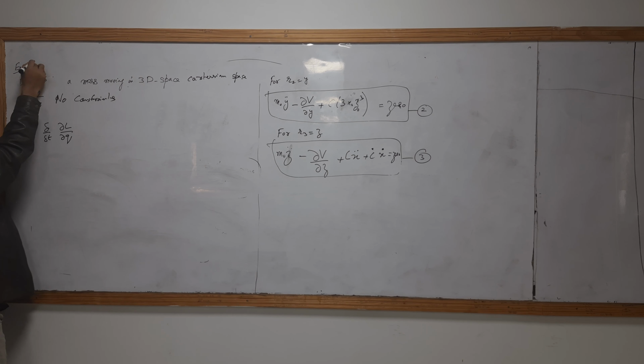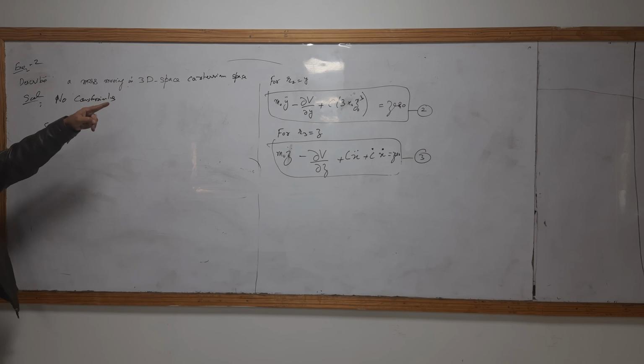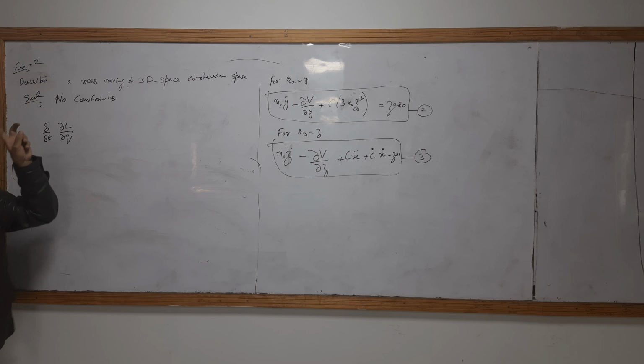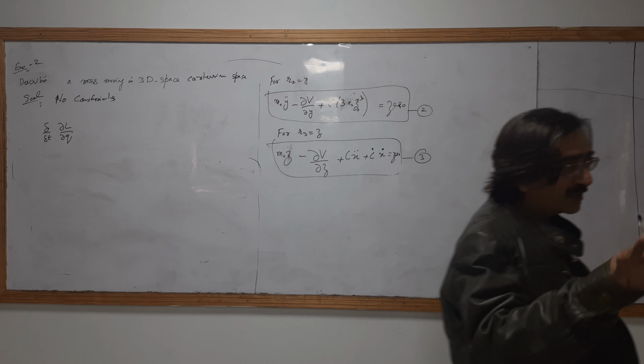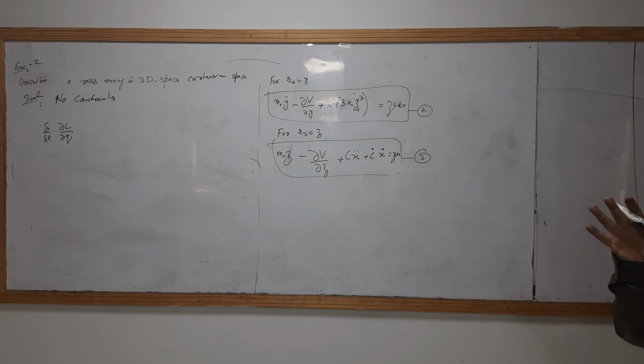Yes, this is exercise 2. Now, describe a mass moving in 3 dimensions in Cartesian space. The constraint is not given, that is the difference. In that question there was some constraint, but here there is no constraint.